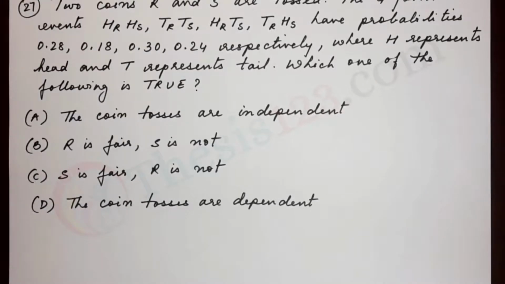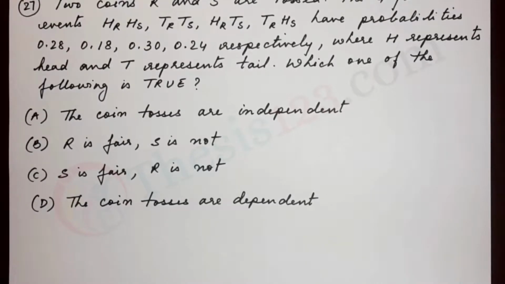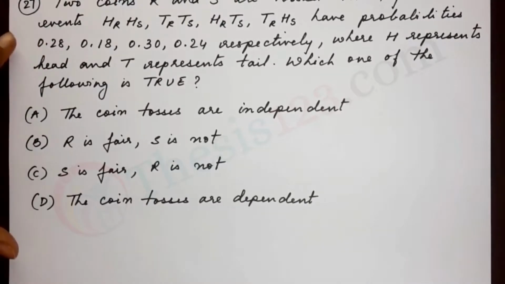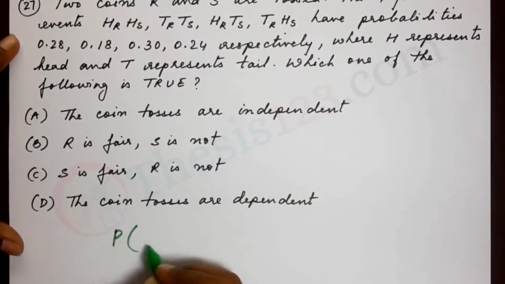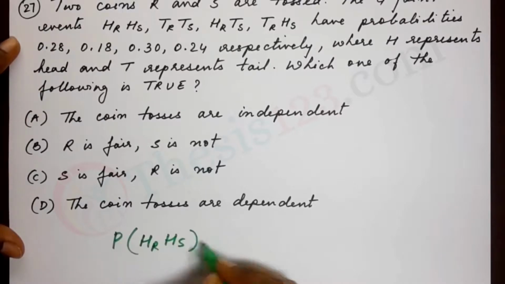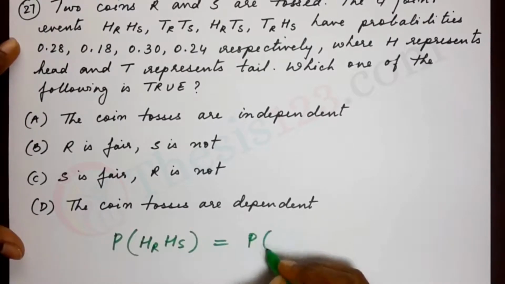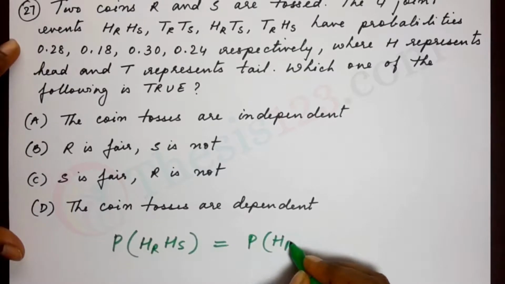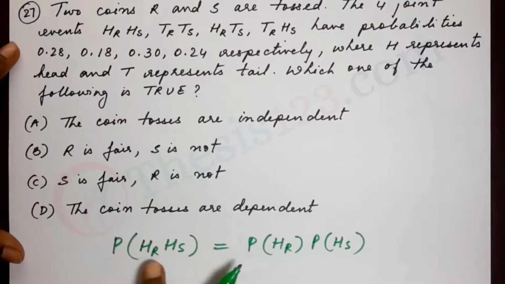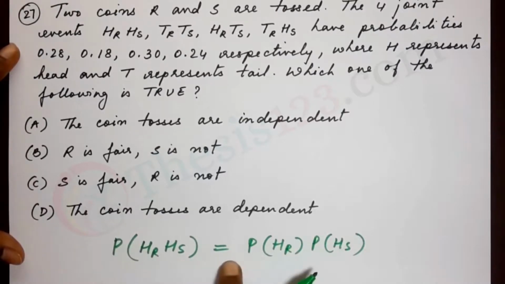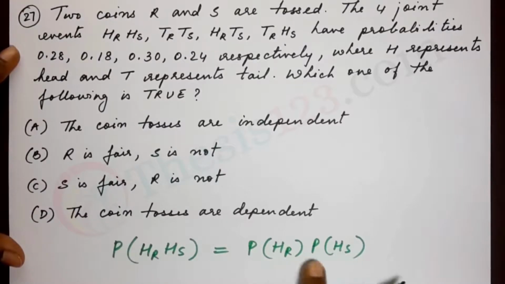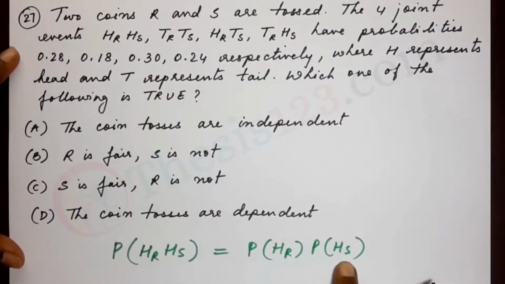One way to find out if the coin tosses are independent is by the equation: the probability of the joint event HRHS should be equal to the product of the individual probabilities, the probability of HR and the probability of HS.